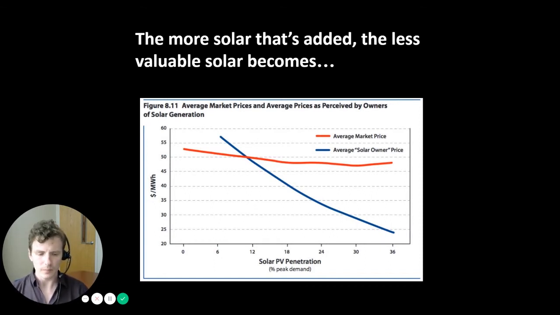And so what this is essentially saying is that in a competitive market where the price is responsive to fluctuating supply and demand, solar is sort of eating its own lunch. As you add more solar, the value of solar declines.